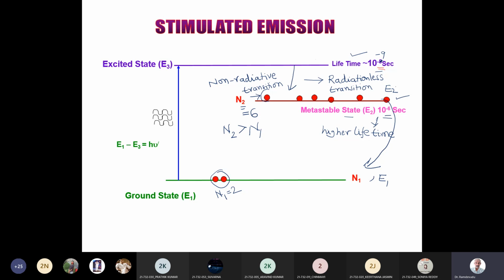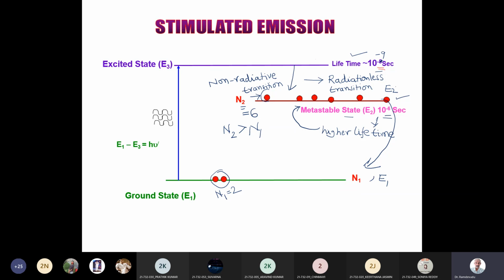Then the requirement is that I should have some time to make the atoms take a downward transition. That means we need a higher energy level, higher than the ground state, which will have longer lifetime. The energy level having longer lifetime is called a metastable state. So, understood? What is the metastable state?